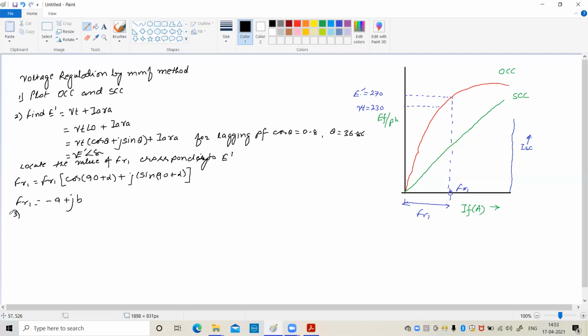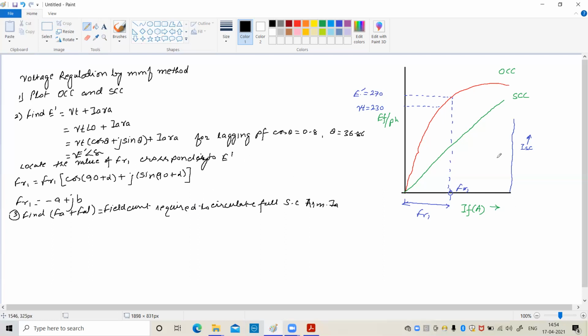Point number 3, find FA plus FAL. It is nothing but the field current required to circulate full load short circuit armature current.